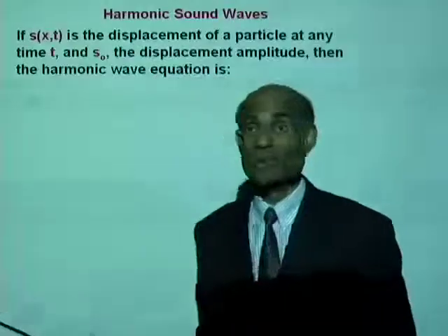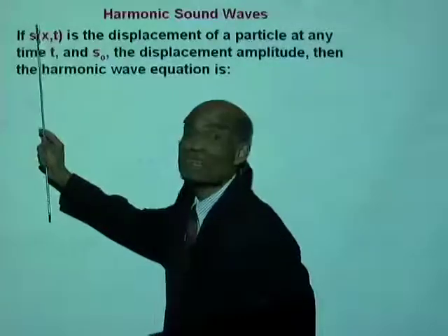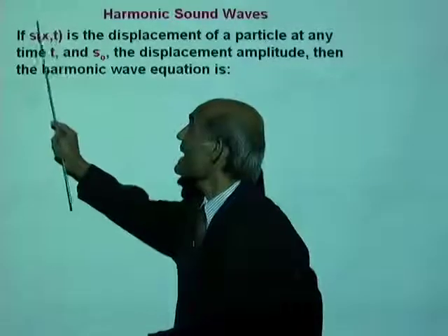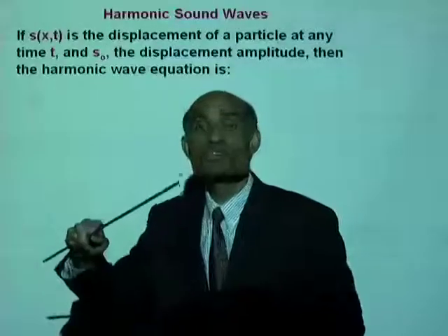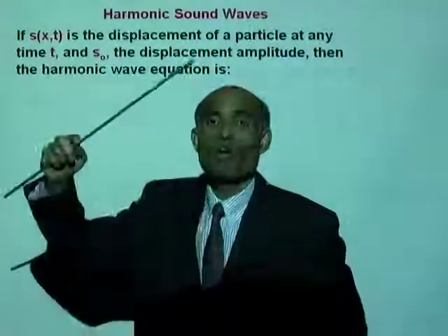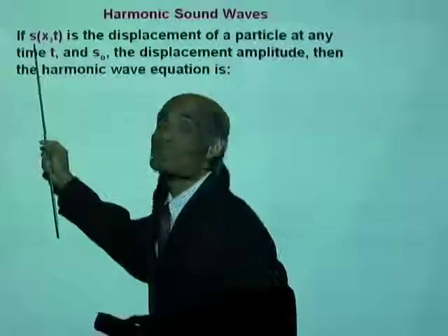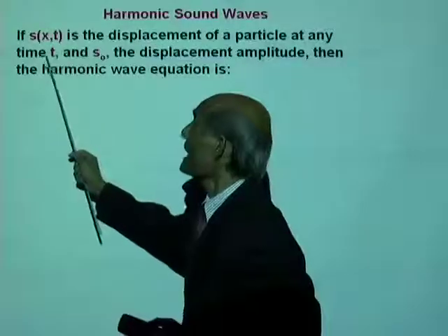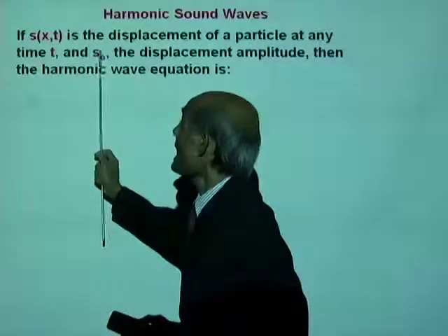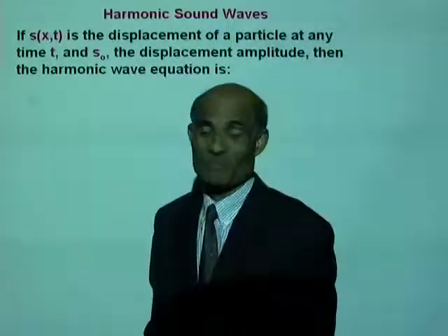Is that right? Now, in the case of sound waves, we will represent the displacement as s as a function of x and t. We will not use y. Y is for the vertical displacements. Here, we will use s(x,t) as the displacement of a particle at any time t, and s0 the displacement amplitude.